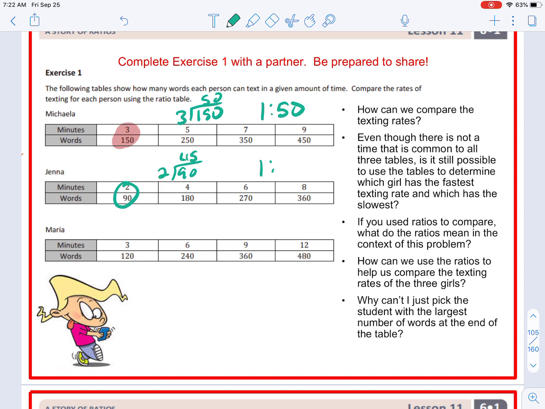It's going to be 45. And for Maria, 120 divided by 3 is 40. So now it's 1 to 40. Looking at this, who is the fastest texter? Michaela is, because she texts 50 words per minute.